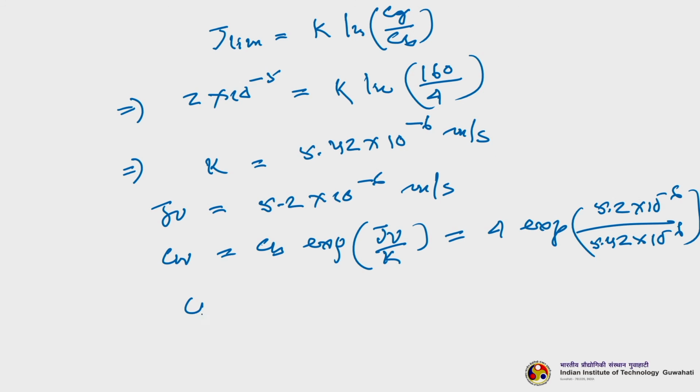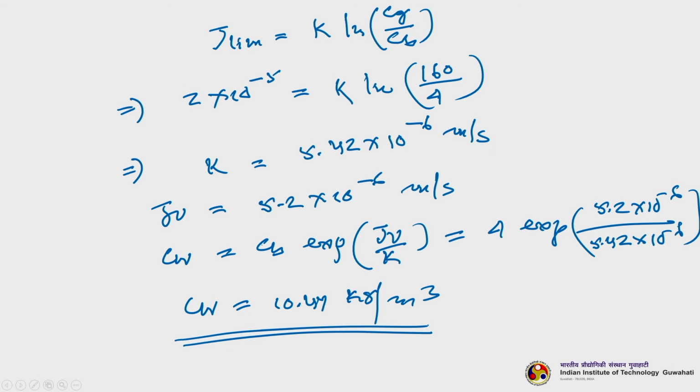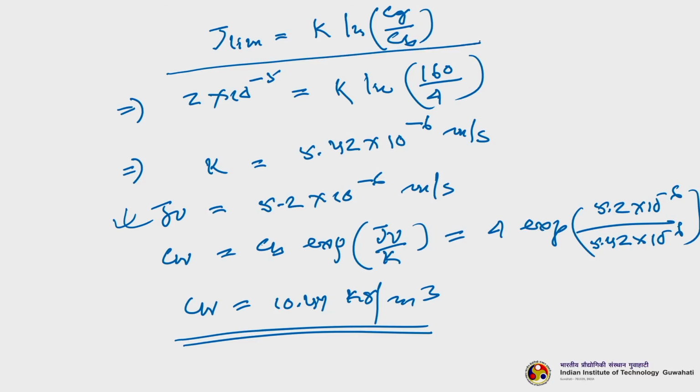Okay. So, Cw is 10.44 kg per meter cube. So, this is what you were asked to calculate: the wall concentration at the same cross flow velocity if the flux is given as 5.2 into 10 power of minus 6. So, we have today seen how to use the limiting flux equation, J limiting equals k ln Cg by Cb, to predict the wall concentration.